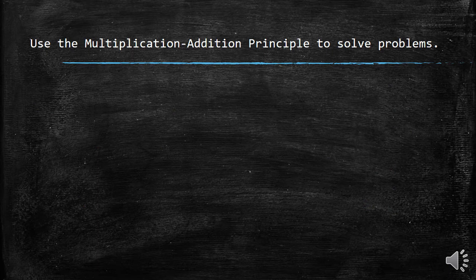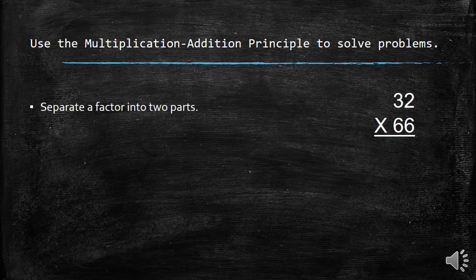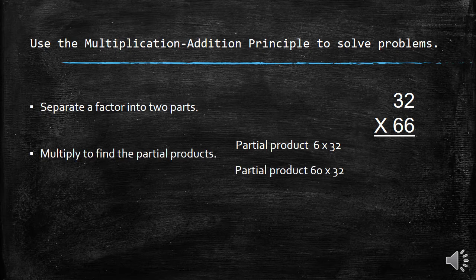Let's do one more together. Number 4. 32 times 66. So once again, separate a factor into 2 parts. Partial product 6 times 32 and 60 times 32.